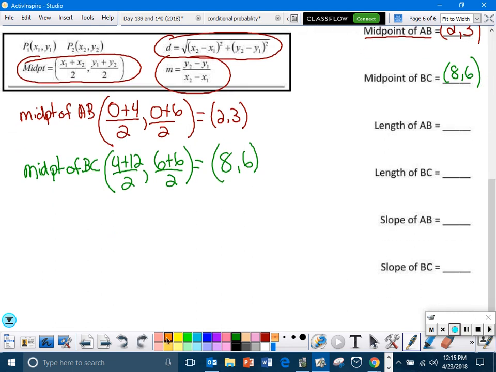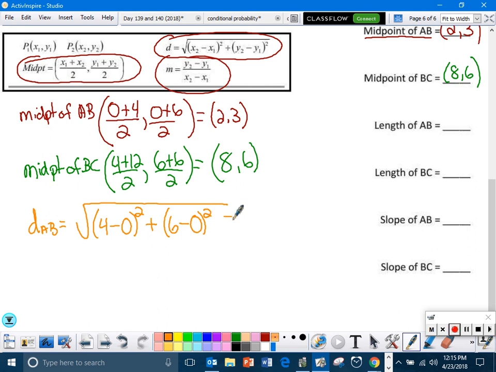The distance formula of AB. We take the square root of. All right, take the second x value, which is 4, minus the first x value, which is 0, squared, plus the second y value, y2, 6, minus the y1 value, 0, squared.